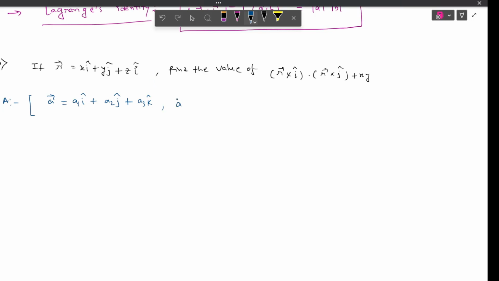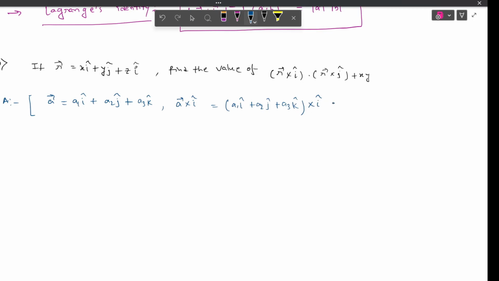Then A cross i would be A1 i cap plus A2 j cap plus A3 k cap cross i.